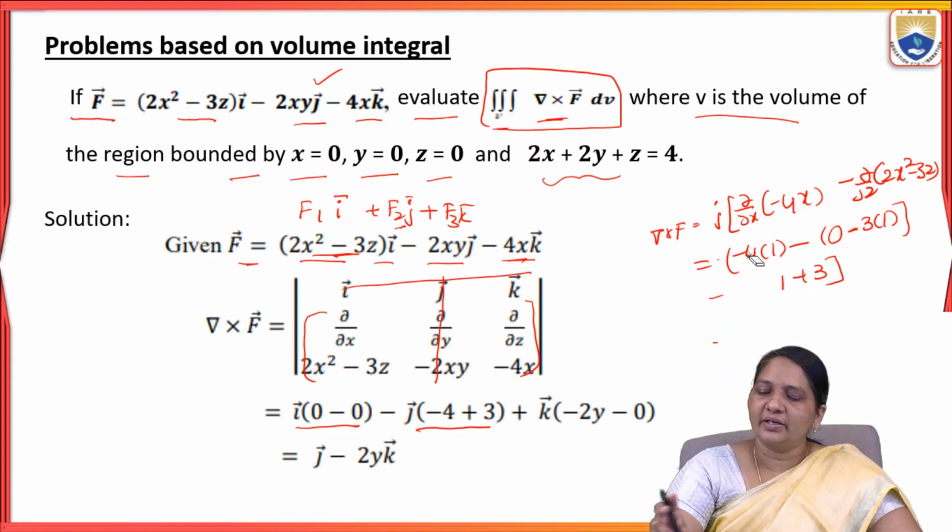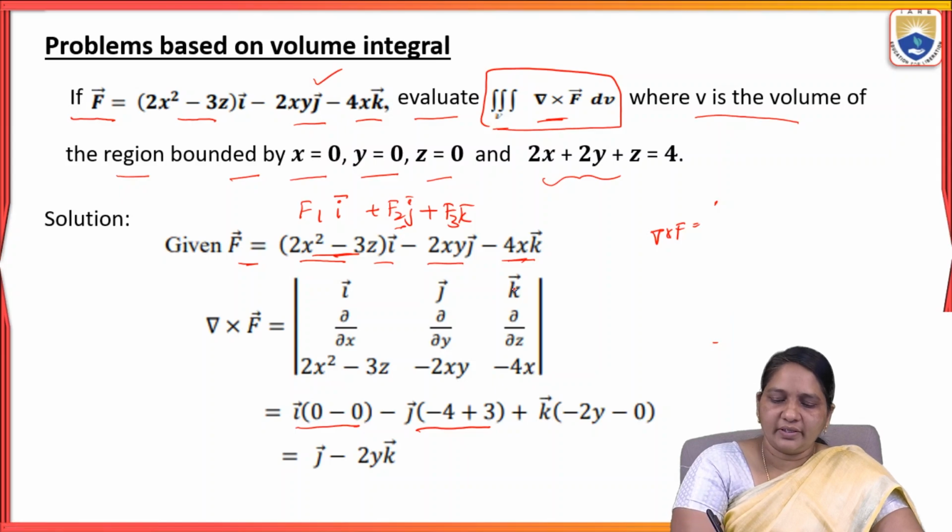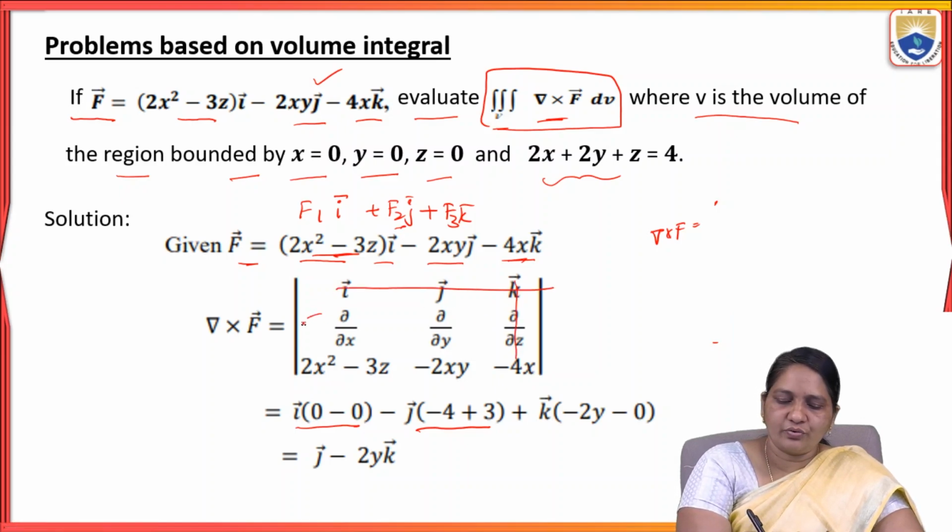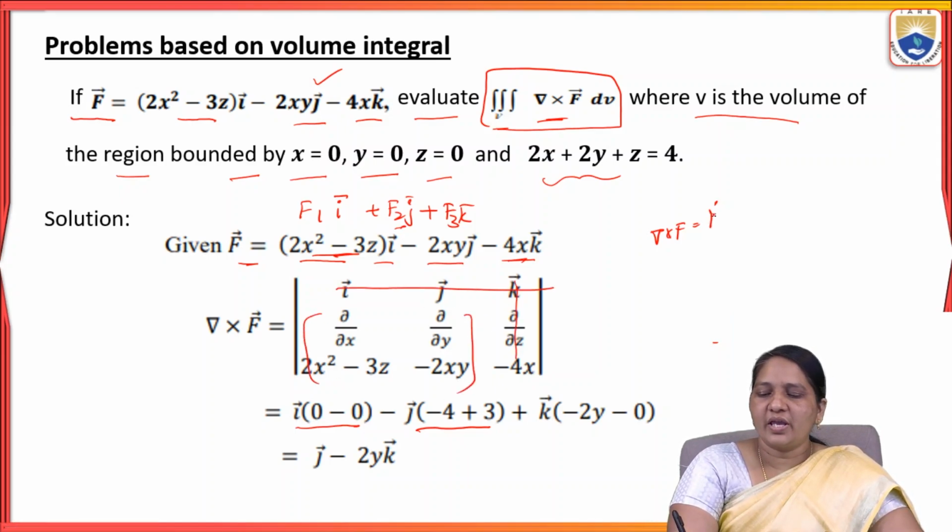Now we are going to calculate the k term. So k into cross multiplication dou by dou x of minus 2xy minus dou by dou y of 2x square minus 3z.